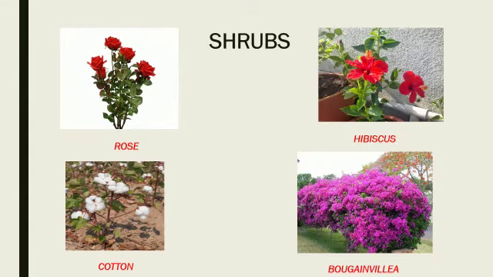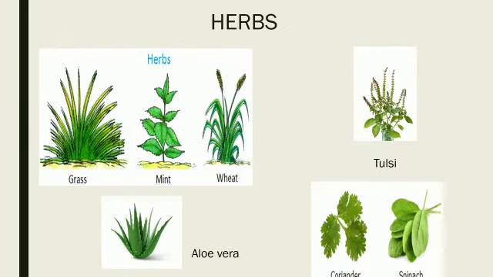Some plants such as rose, hibiscus, cotton, bougainvillea have thin and woody stem. So the plants with thin and woody stems are called as shrubs. Some plants have very thin and green stems, and these are also called as small plants.